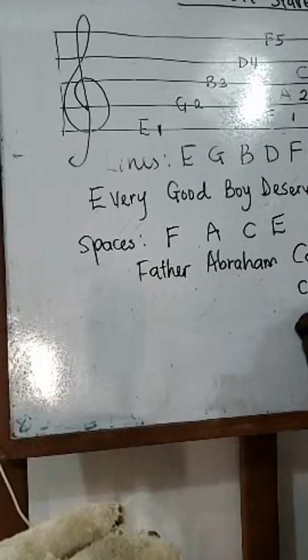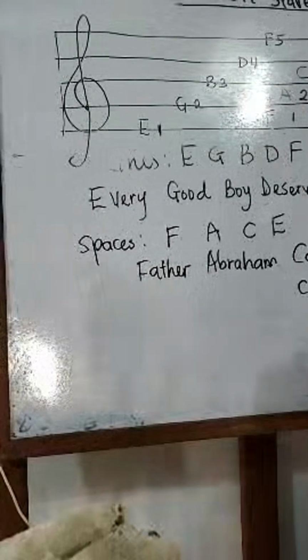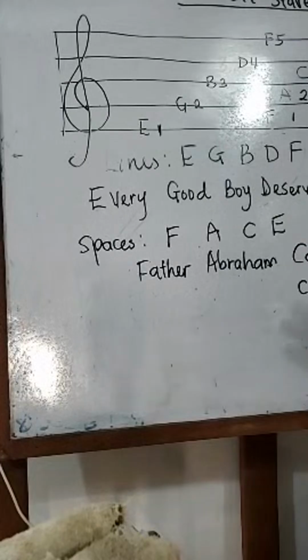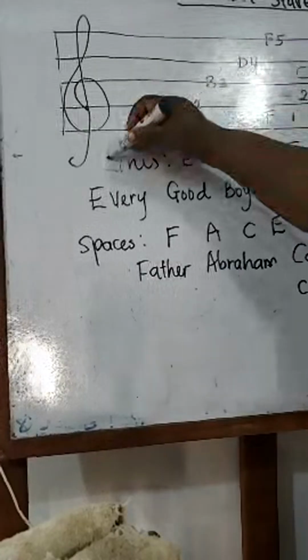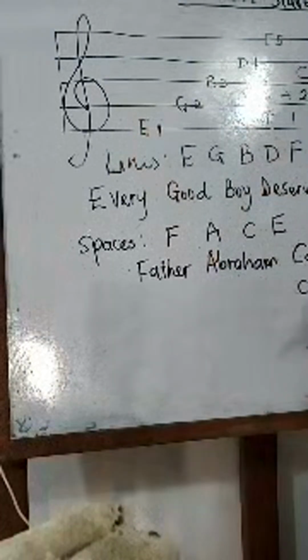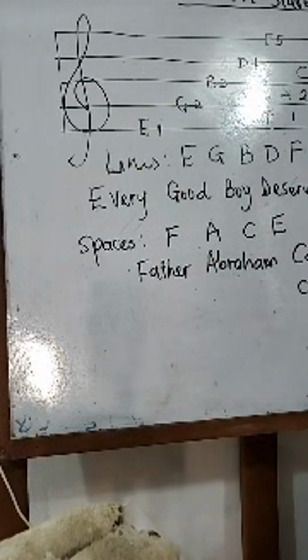Or Fola and Caroline enters. Anything you can use to remember. It's about the treble clef. Lines start from down, not from up. Anyhow you want to. Please, this thing I'm giving you.